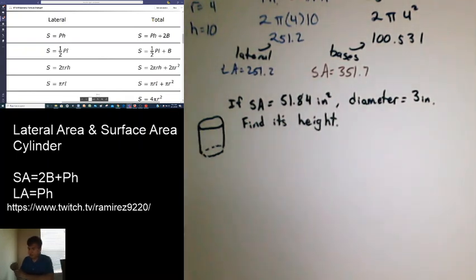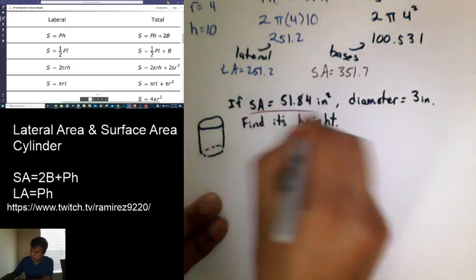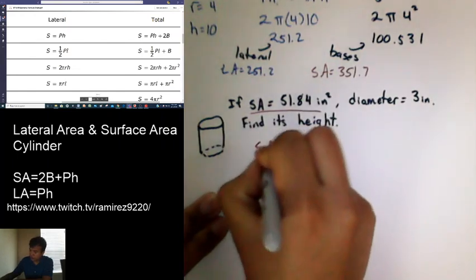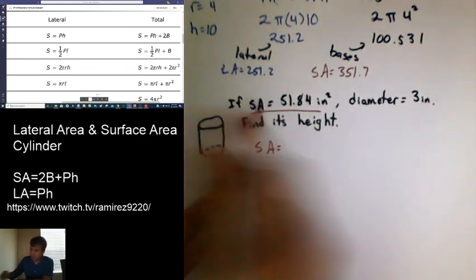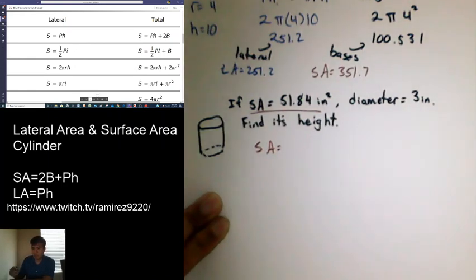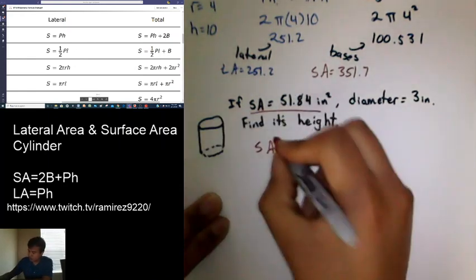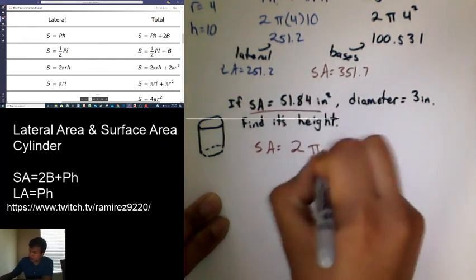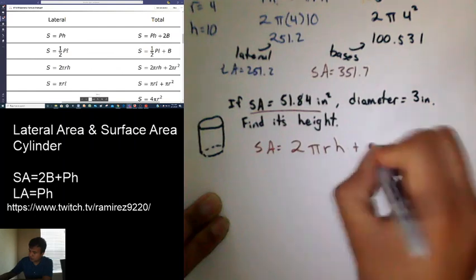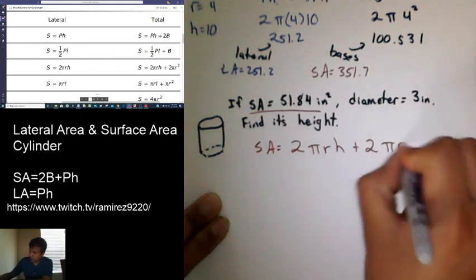Because they gave us the surface area, and I know the formula for surface area is the lateral area plus 2B, I'm just going to use the derived formula for cylinders only: 2 pi r h plus 2 pi r squared.